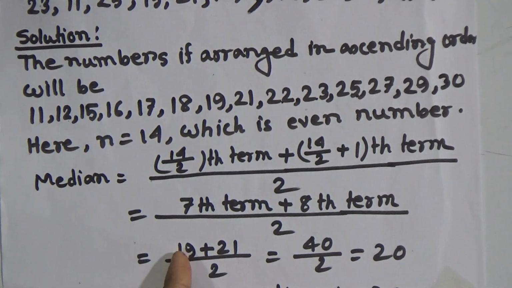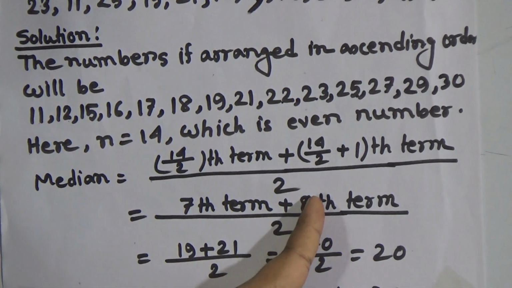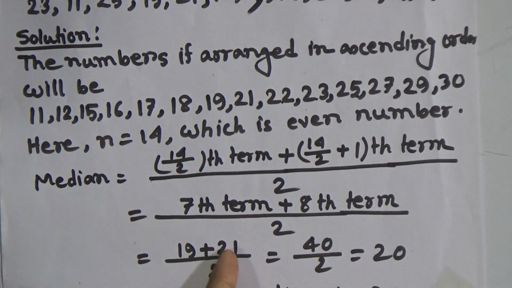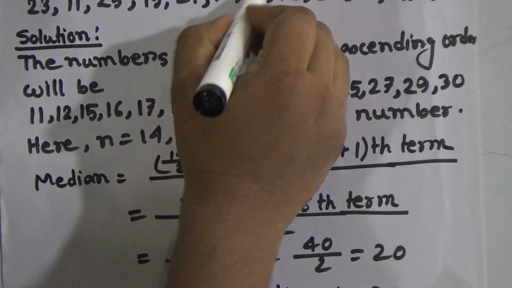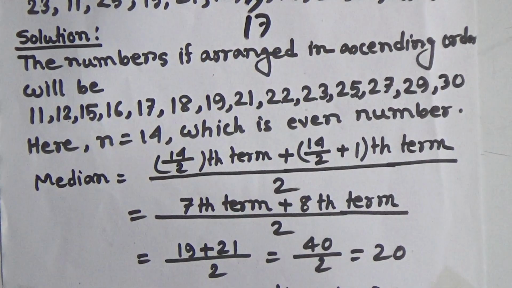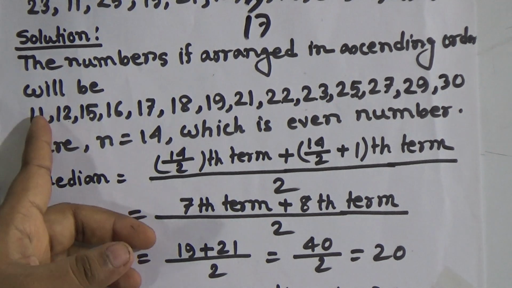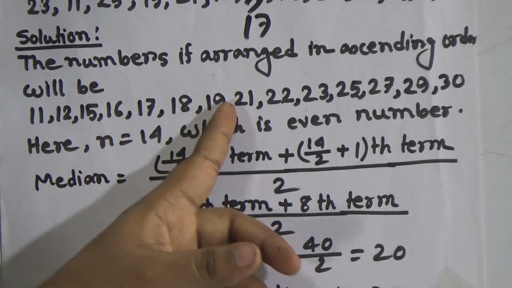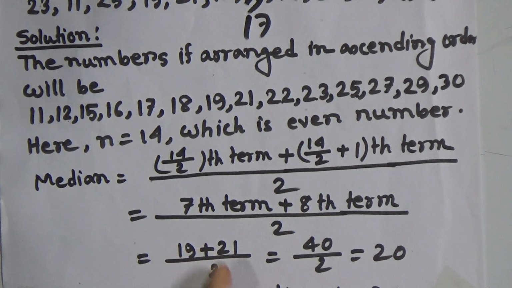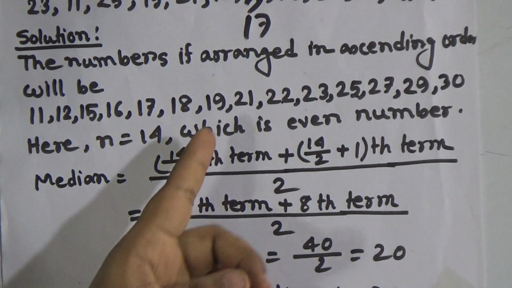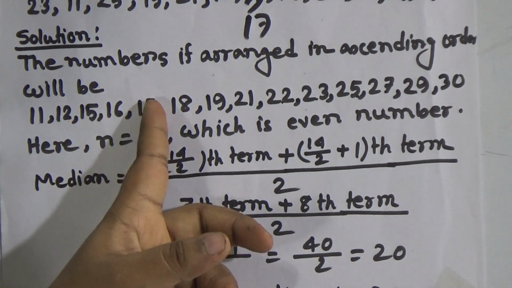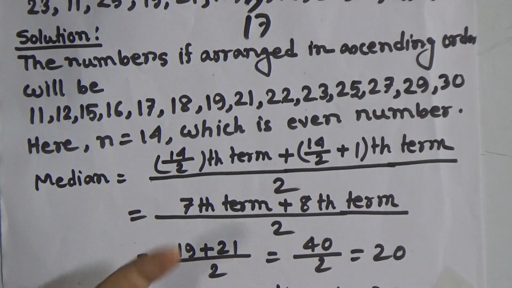So I write here 19, and the 8th term is 1, 2, 3, 4, 5, 6, 7, 8, 21. So 19 plus 21 divided by 2.